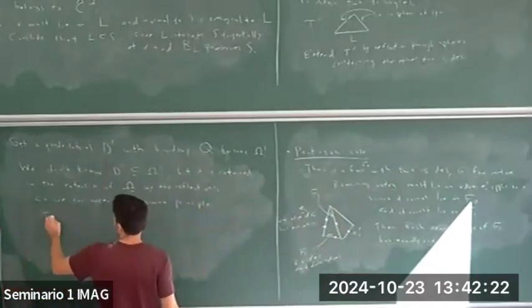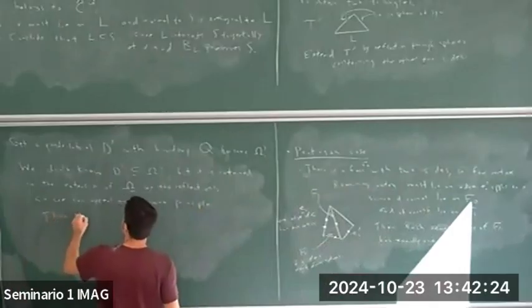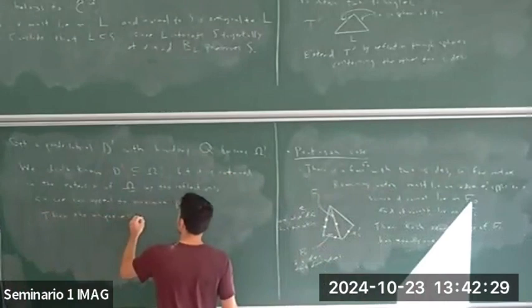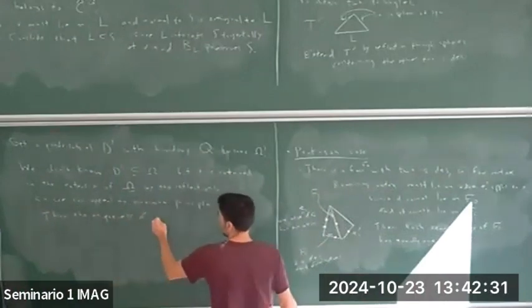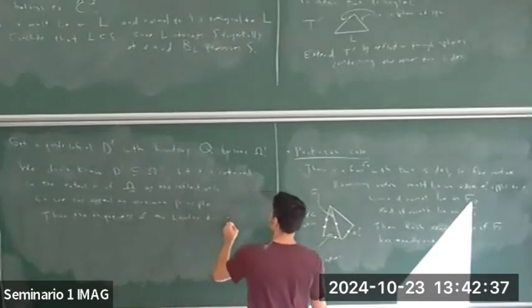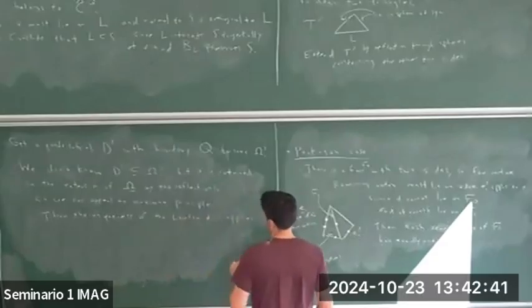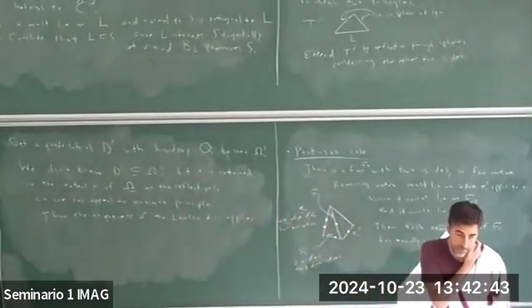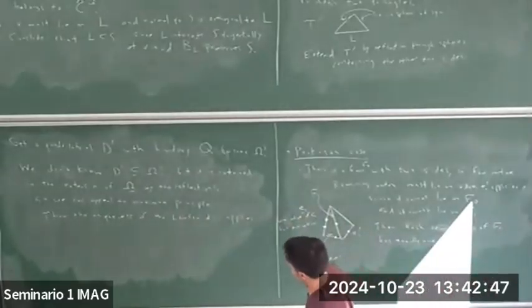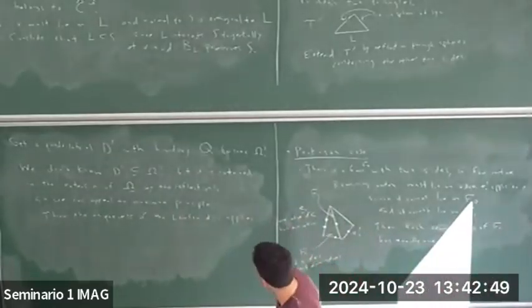And then, of Lawson disk. So that's the proof of the uniqueness of the disk. Sorry, of the surface, the characterization of the surfaces.